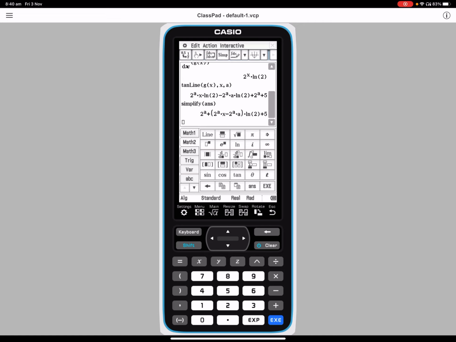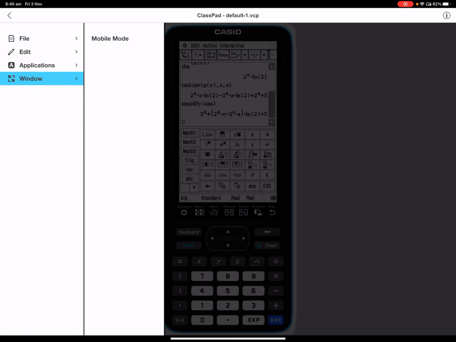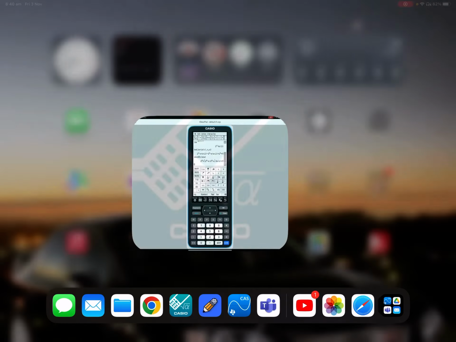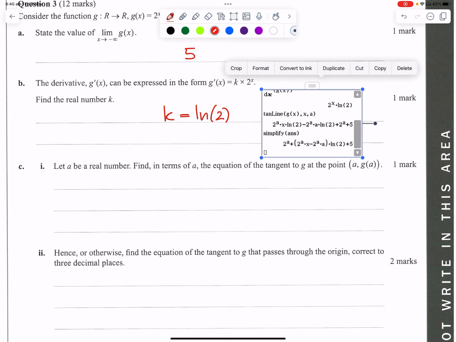Okay. I'm just going to copy this screen and paste it. So we get y is, I'm just going to go with the first equation.